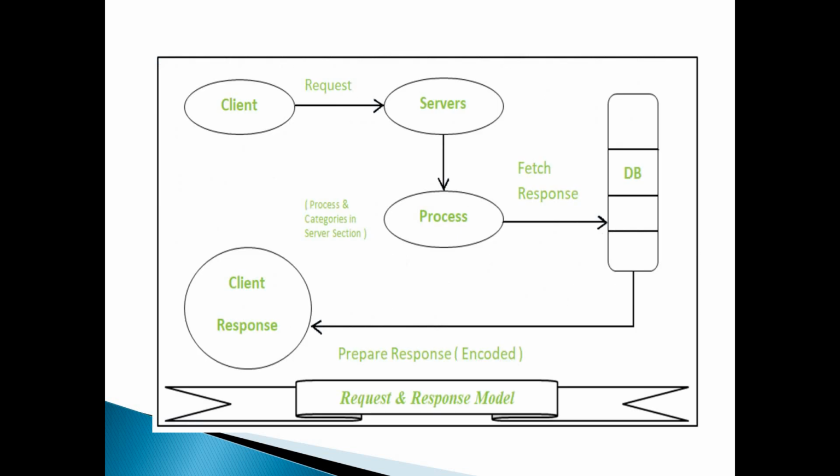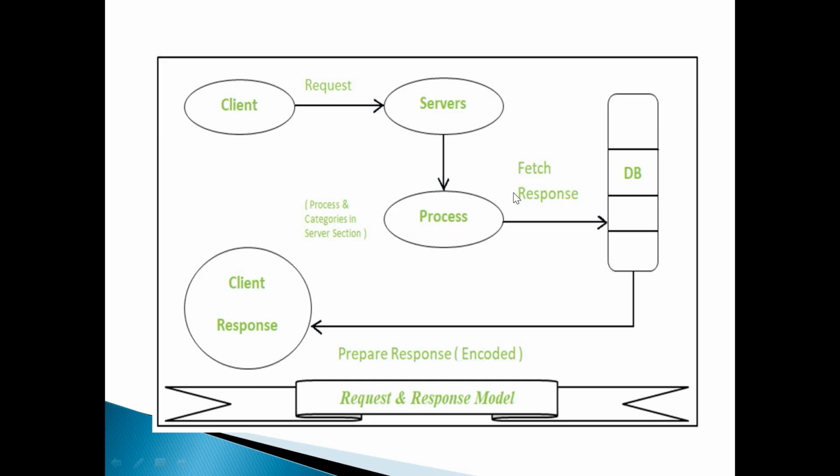This is the request and response model architecture diagram. First is the client. The client sends a request to the particular server. The server processes the request, and categorization is all done in the server.